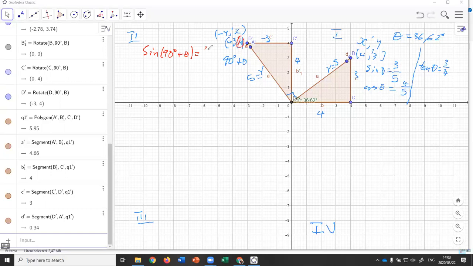What is the y value actually? The y value, let me write it, 4. And r is 5. But let us see what is 4 over 5 in this case. 4 over 5 is actually what? Cos. So do we see that actually if I use the 90 reduction, instead of figuring out the angle 90 plus theta, the ratio of 90 plus theta, I can actually just figure out the cosine of theta.